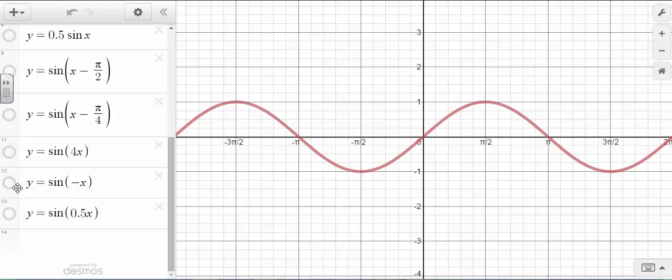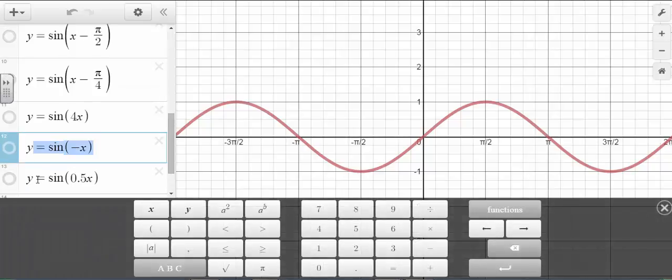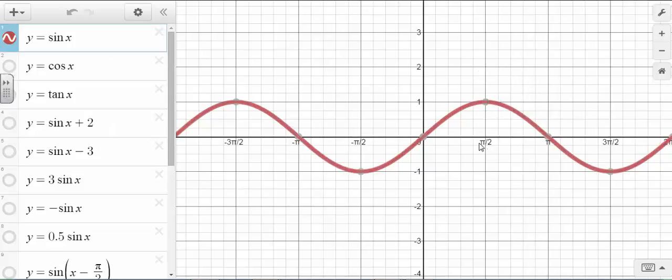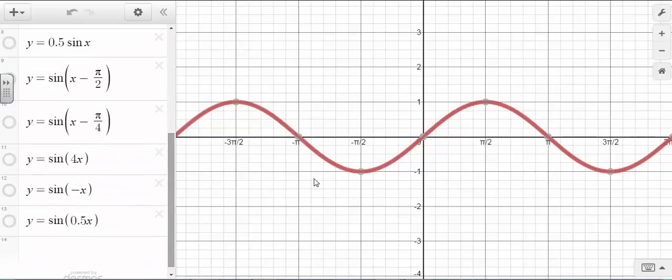Okay, so last one here, this negative x, what's going to happen here? Well, again, if we think it through logically, I think about what my original x value was. So here, if I have an x value of pi over 2, the equation says I'm going to make that negative, so essentially it goes to negative pi over 2, and then I'm going to take the sine of it, which means I'll have the value negative 1.